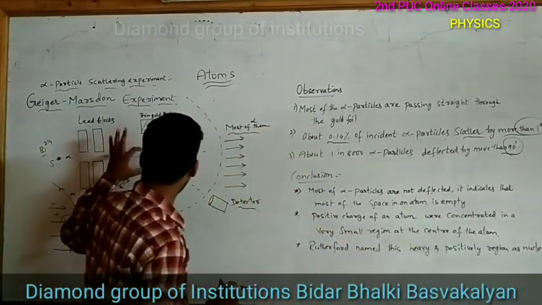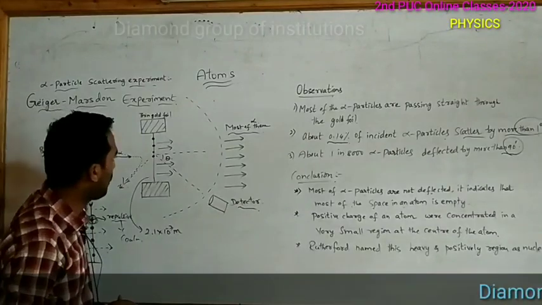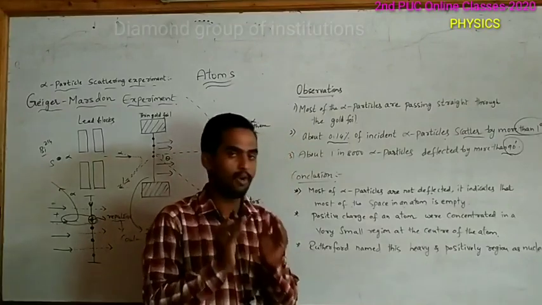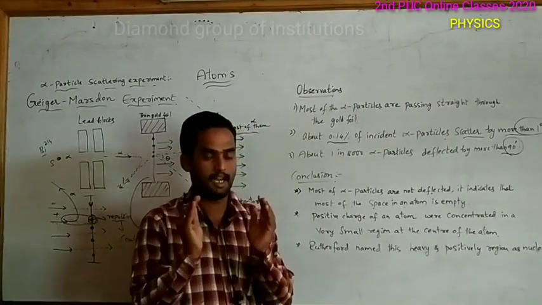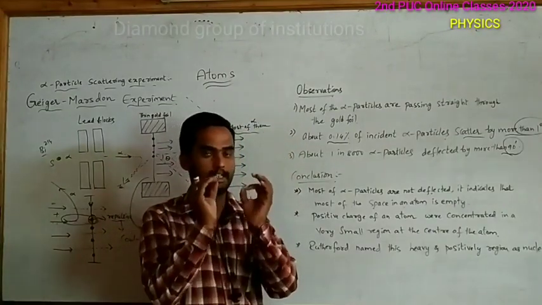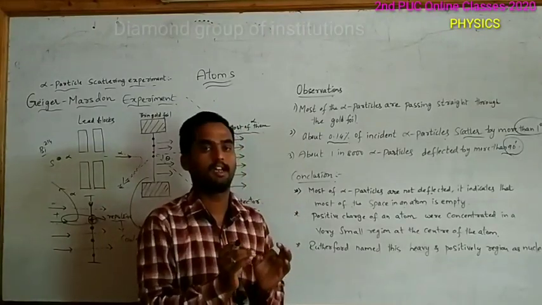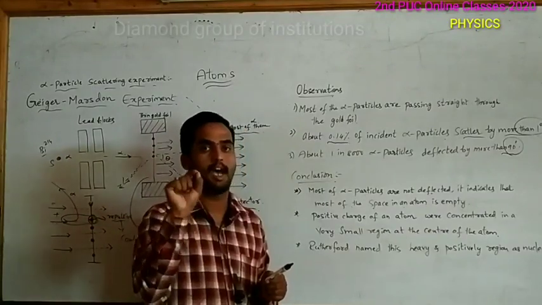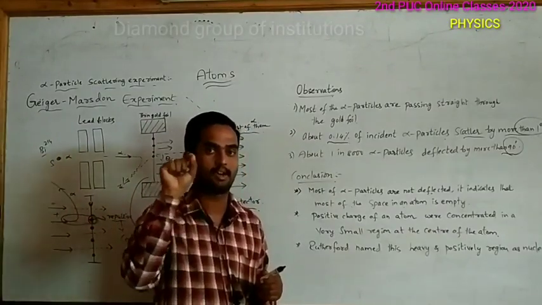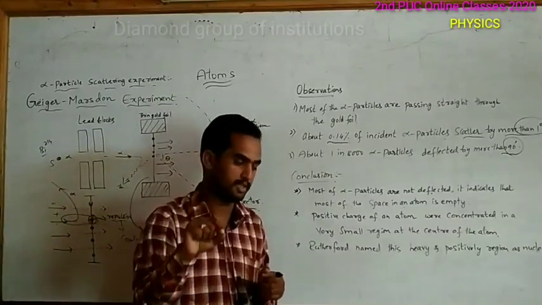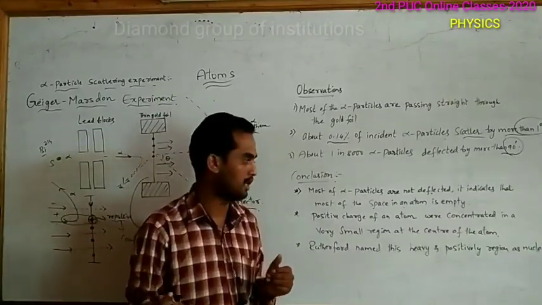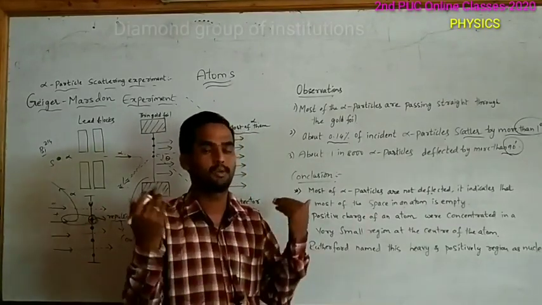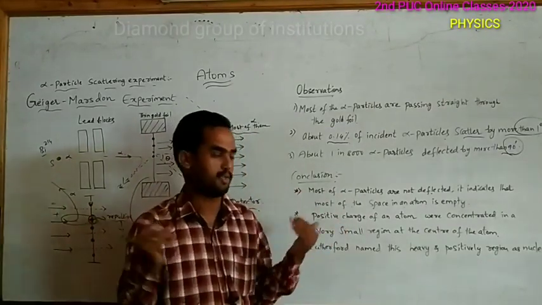Based on the repulsive force and the alpha particles moving straight, Rutherford came to know that the positive charge of an atom is present exactly at the center. That center is called the nucleus. In that nucleus, protons are present. Those positively charged particles are called protons, and neutrons, which have neutral charge, are also present. That's why the mass of the nucleus is heavy compared to the electrons which are present outside.